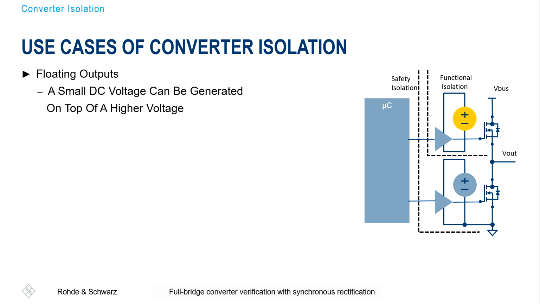But we also need a supply for this driver, and that needs to be isolated on a functional isolation level. So this is one application where isolation really can help us.